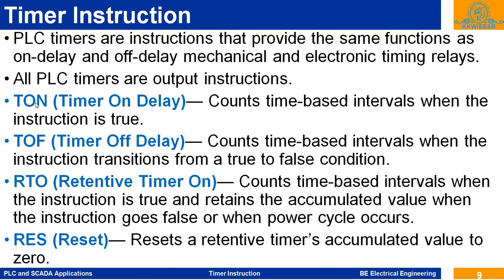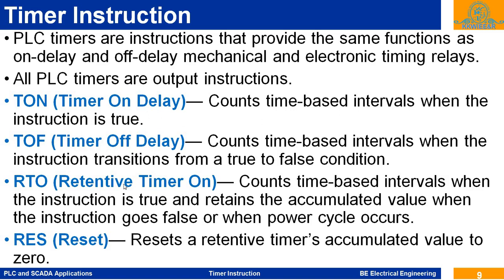This on delay timer and off delay timer are non-retentive type timers. When the timer instruction goes false, the accumulator value is reset to 0, so it is called a non-retentive timer.